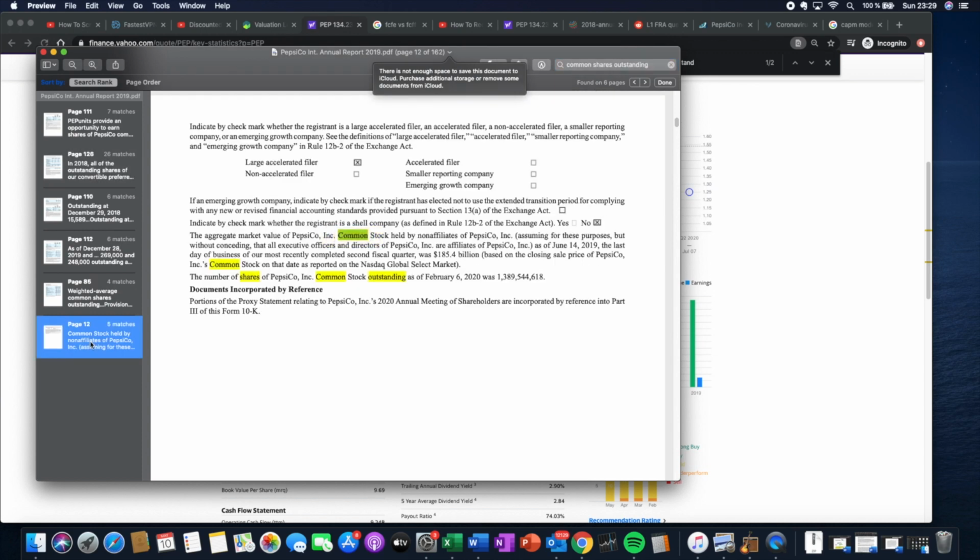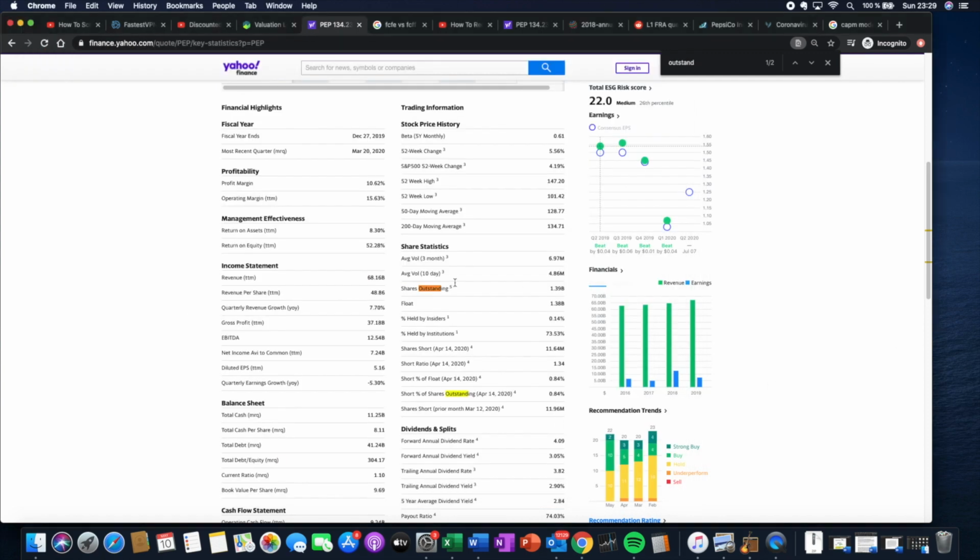Page 12. Oh, here. The number of shares of PepsiCo Inc. common stock outstanding as of February 6, 2020 was 1.389 billion shares, which is very close to what Yahoo Finance told us.